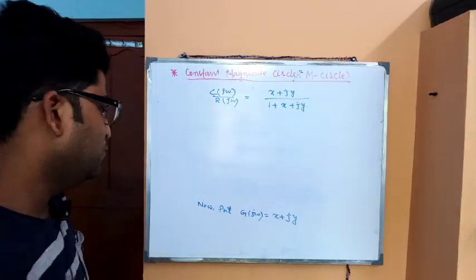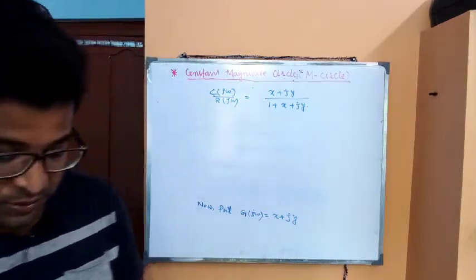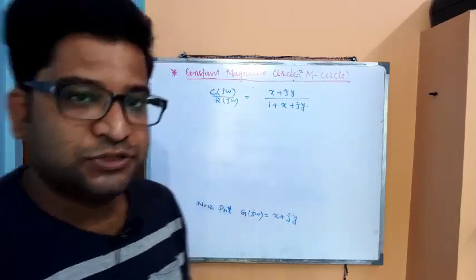So after putting the value of G of j omega as x plus j y, we got this type of expression.